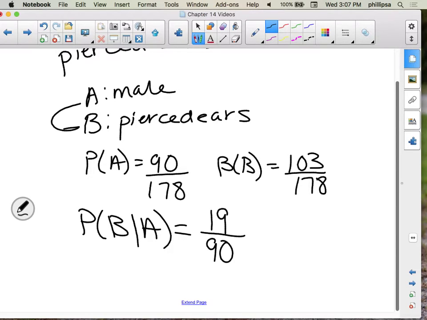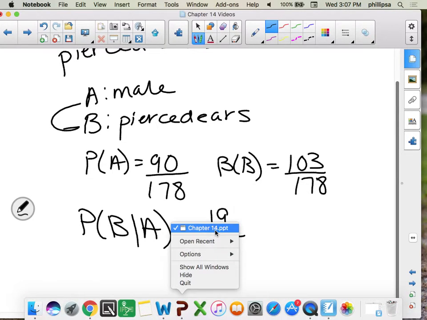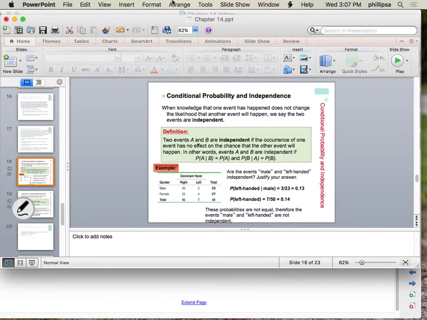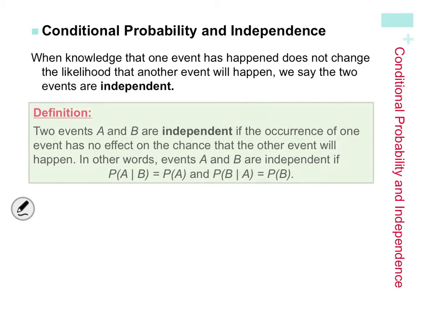Let me get back to my PowerPoint so we can see that. What I'm demonstrating here is the idea that sometimes events are independent and sometimes they are not. When knowledge that one event has happened does not change the likelihood that another event will happen, we say that the two events are independent.